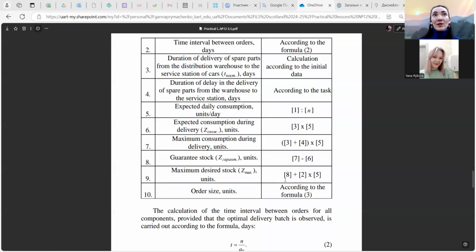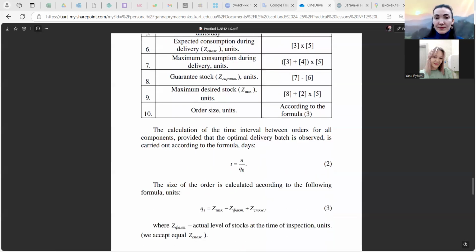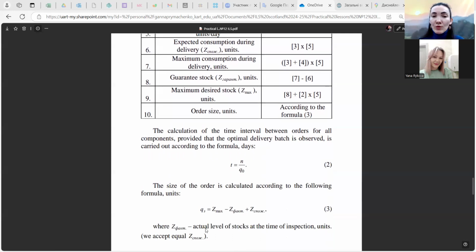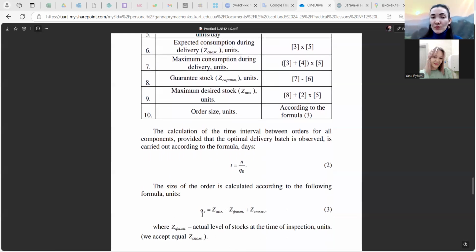And the next, our line number 10, we need to calculate our last formula number 3 and find the order size in units. I show now this formula number 3. We need to write Q is equal to the maximum, line number 9, minus our guaranteed stock, line number 8, and plus our 6th line.